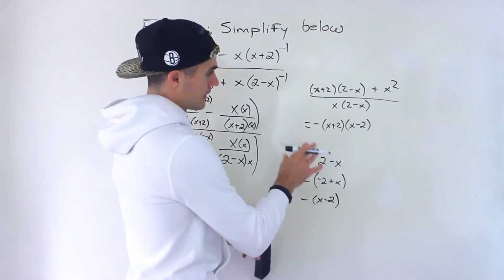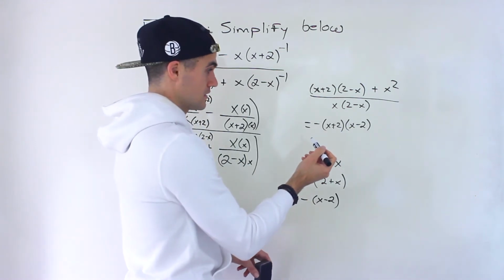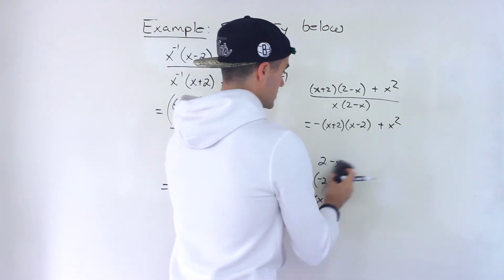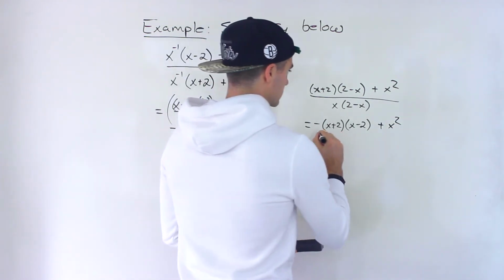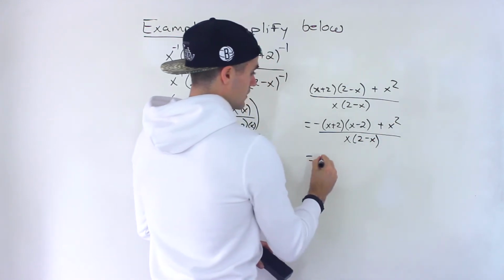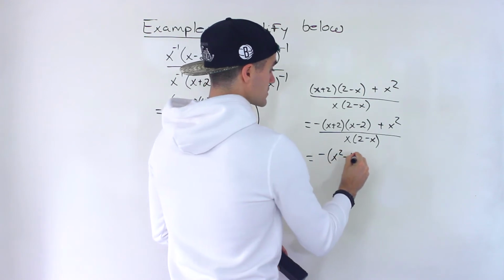But I personally like to do that because then from here you could just tell that that's a difference of squares. And then we have a plus x squared. And so what would happen, the denominator stays the same. This would end up being negative bracket x squared minus 4.